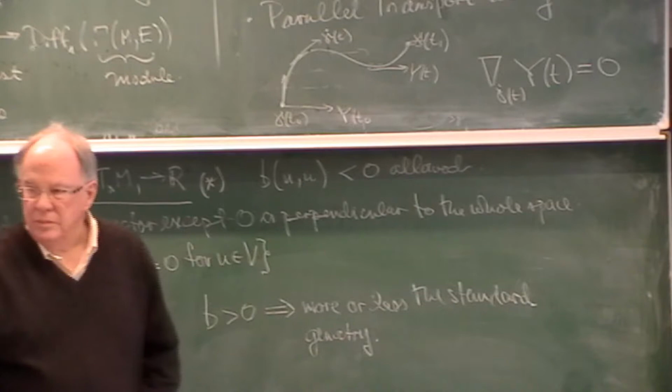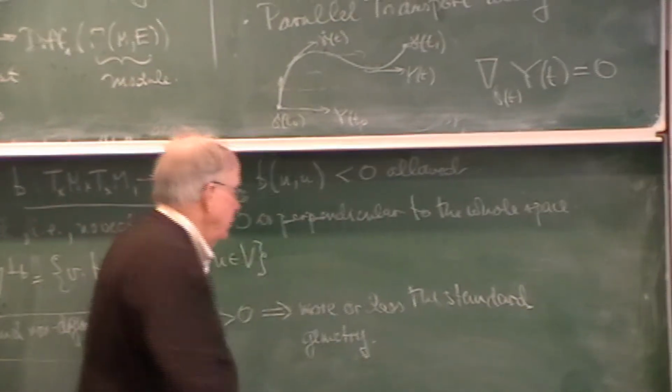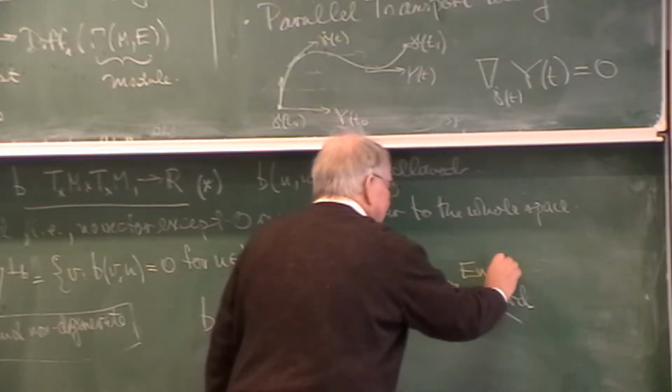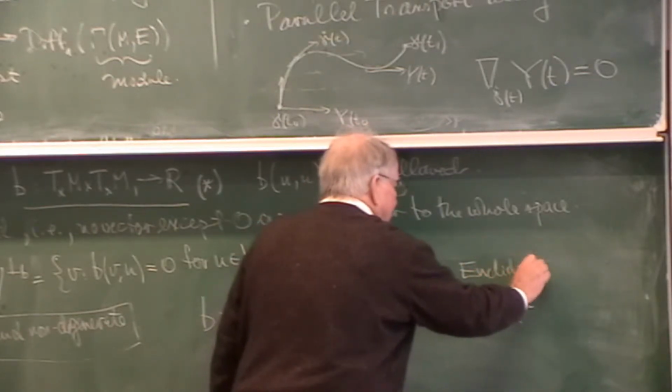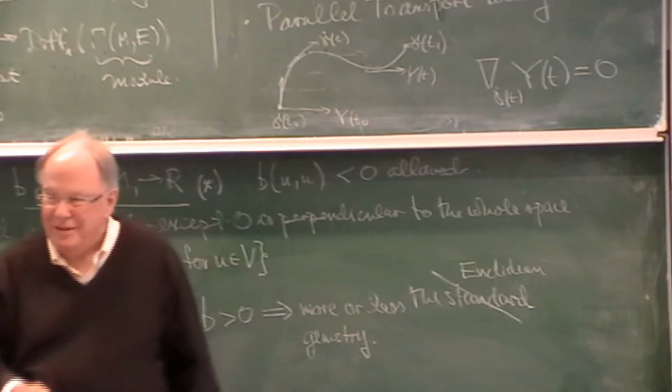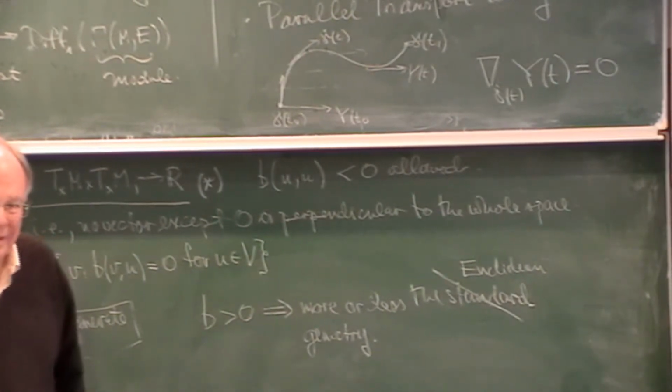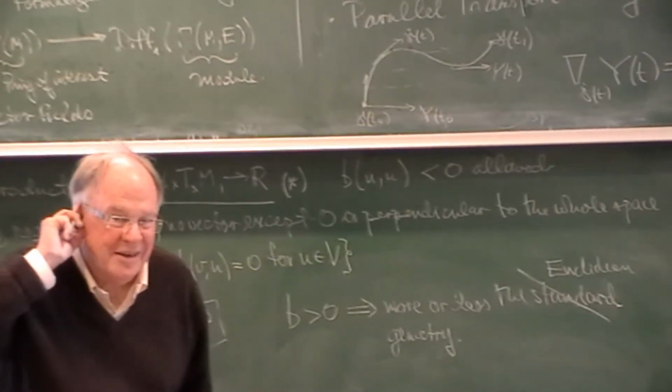Euclidean geometry? Euclidean geometry. Good. First step. Up to an isometry. Pardon? Up to an isometry. Talk louder. Up to an isometry.